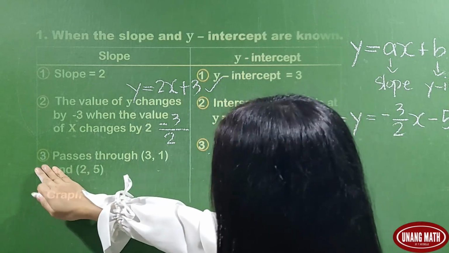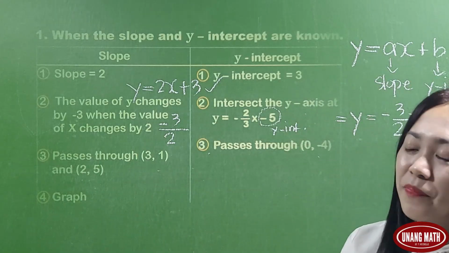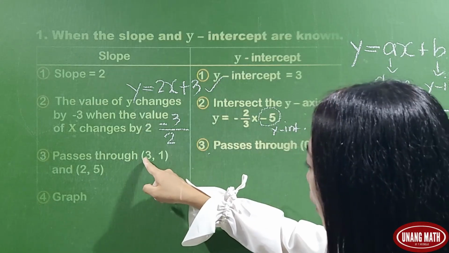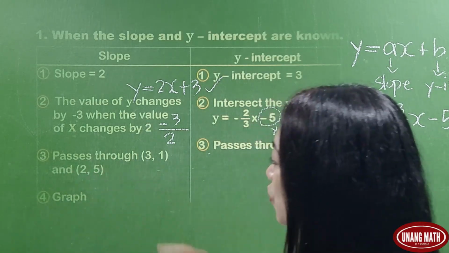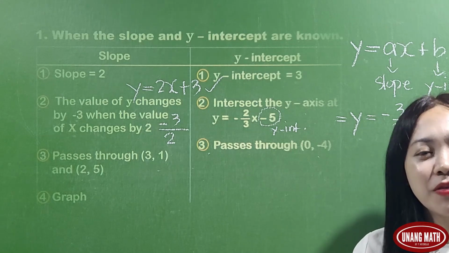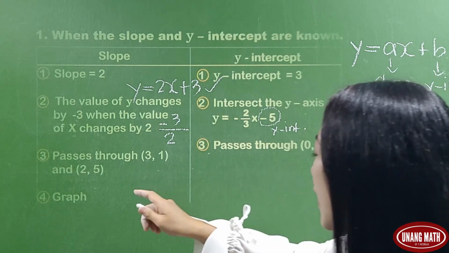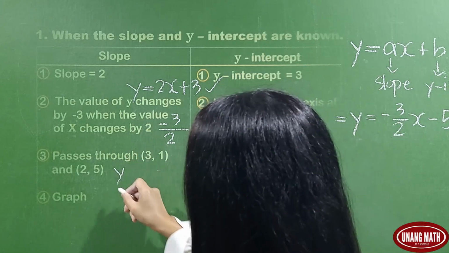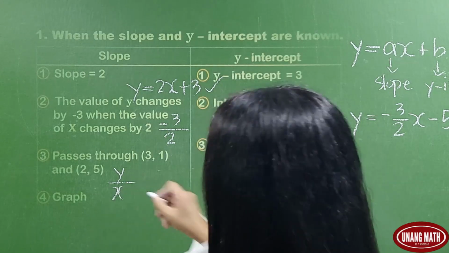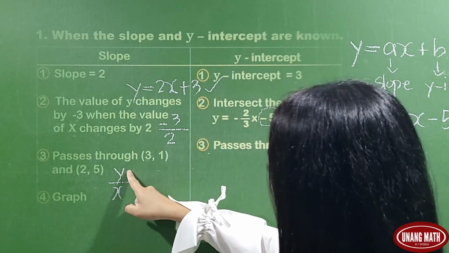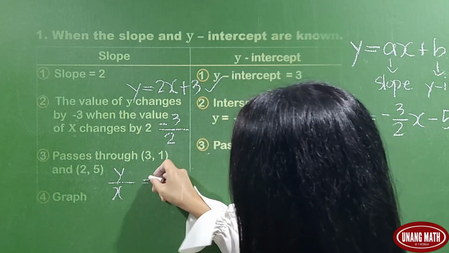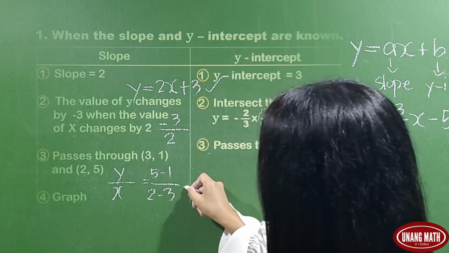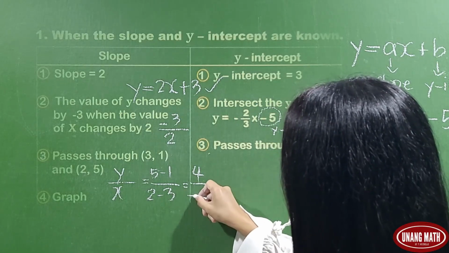Okay, for number 3, the slope is given this way. It passes through the points with coordinates (3, 1) and (2, 5). We will be using the concept that the slope is the ratio of the change in y over the change in x. Okay, the change in y would be 5 minus 1. The change in x would be 2 minus 3. So this is 4 over negative 1.